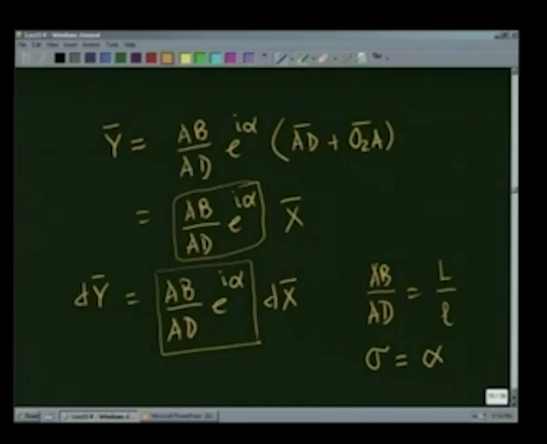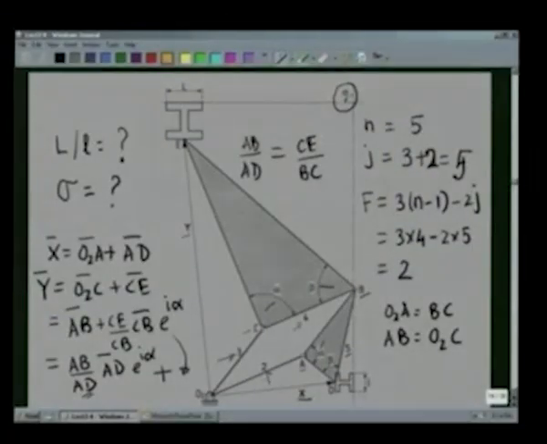To make it clear, let me go back to the previous slide, that AB by AD, that is the factor of reproduction, that is this length by this length, that is this letter h is reproduced to a bigger scale, namely by the factor AB by AD.